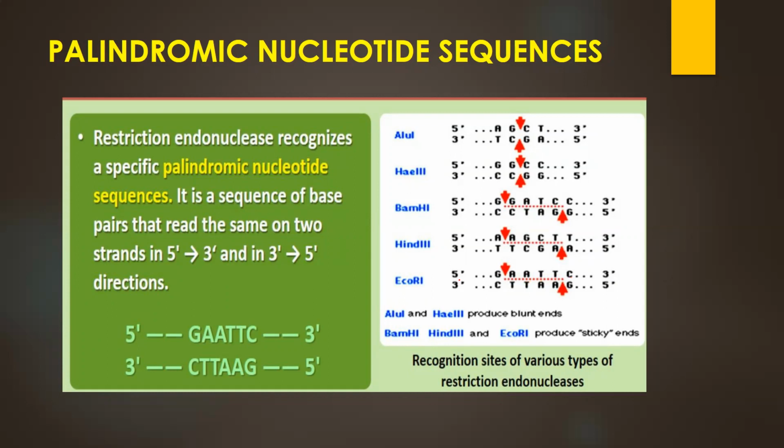This reads GAATTC from 5' to 3'. Just see, it's reading GAATTC again in the second strand from 5' to 3'. So you can see that it reads the same when the orientation of reading remains the same. So this is a palindrome.